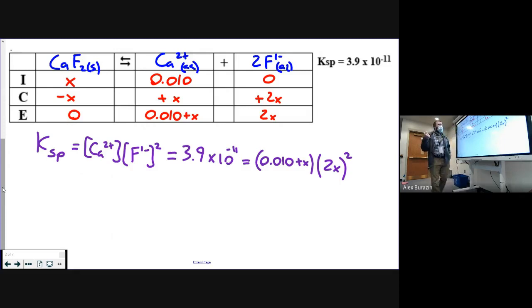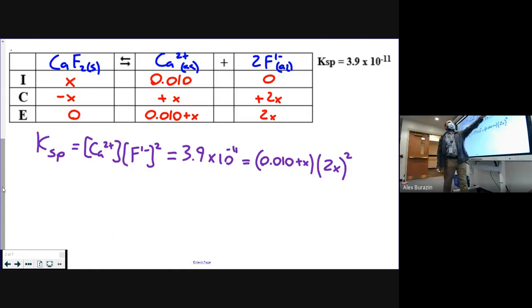So what we're going to do is what I like to call math magic, which is not an actual term. That's just me saying dumb things. Okay? Here's what we're going to do. This is the original value of the calcium. When we shift to the right, we're going to add more.